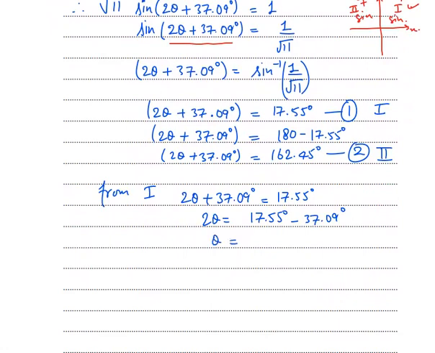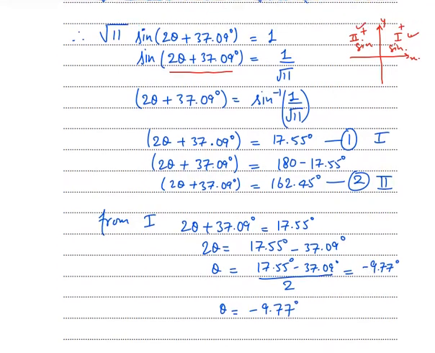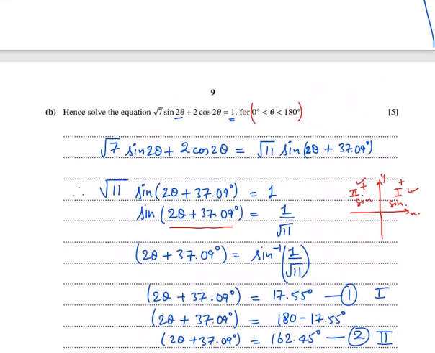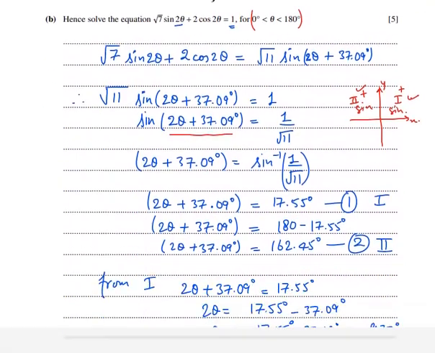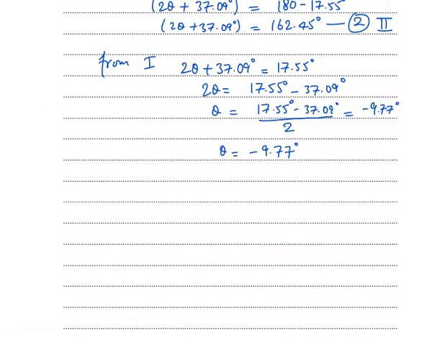So theta is equals to 17.55 minus 37.09 degrees whole divided by 2, which is equals to minus 9.77 degrees, right? So you are getting theta is equals to minus 9.77 degrees. Is this defined? No. The domain for theta is greater than 0 and 180.